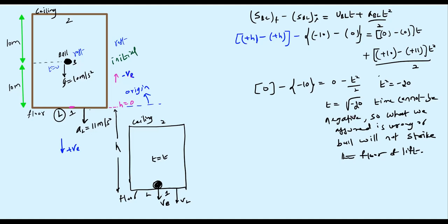This is very, very important. Time cannot be negative. Time should not be negative. Are you getting it? So like this, the mathematics will help us know whether we are right or wrong. Okay, fine. So then what should happen? In fact, this is a wrong idea or wrong assumption.